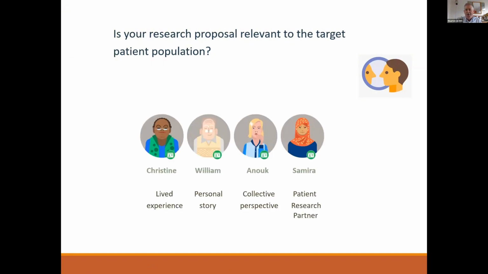So who would you ask to help you answer that question? Is it Christine? Is it William? Is it Anouk or Samira? There's no right or wrong answer, but I will show you the results, some that I believe are better than others. So take 10 seconds to address this question.